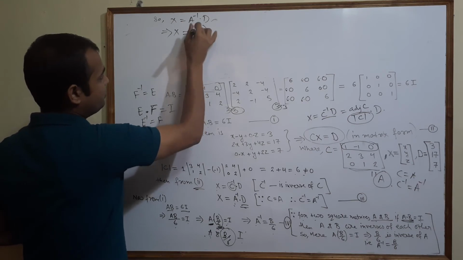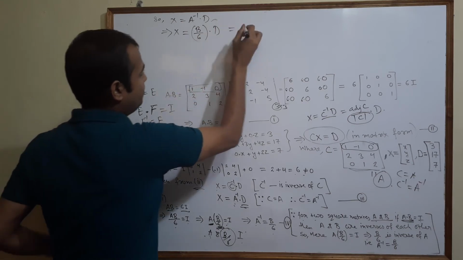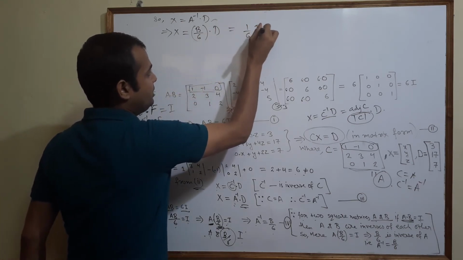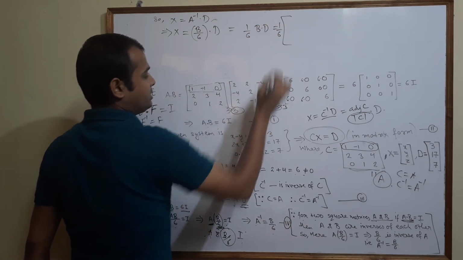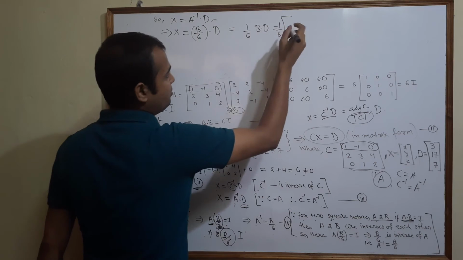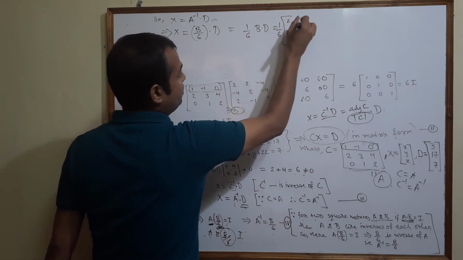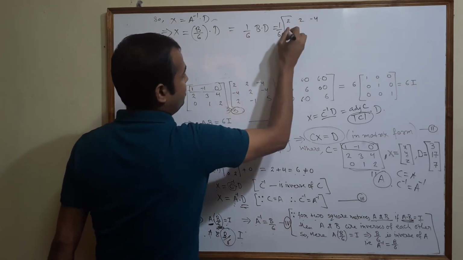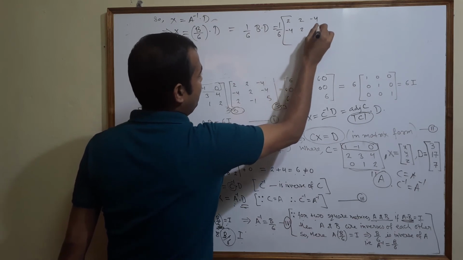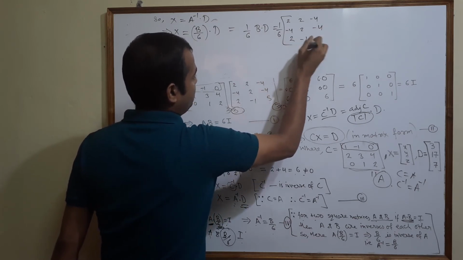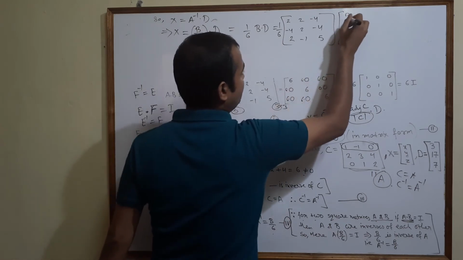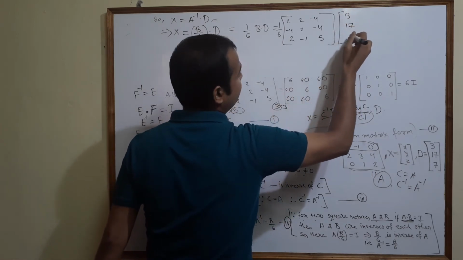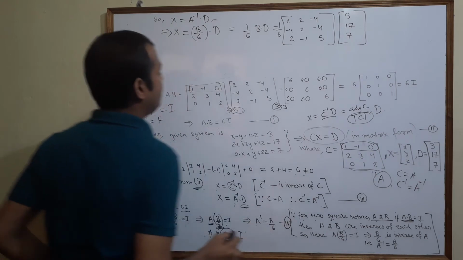B by 6 into D, which means 1 by 6 B into D. So 1 by 6, and substitute the values of B and D. So B is 2, 2, minus 4, minus 4, 2, minus 4, 2, minus 1, 5. And your D is 3, 17, 7. Clear?